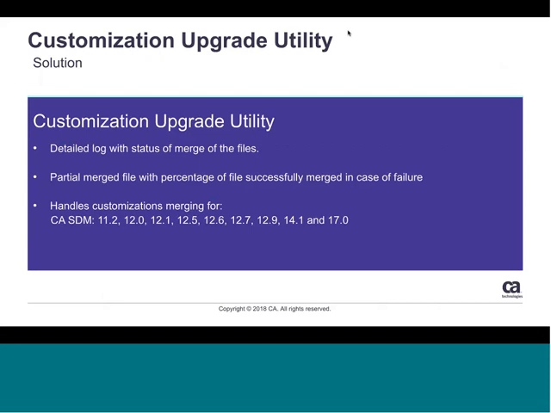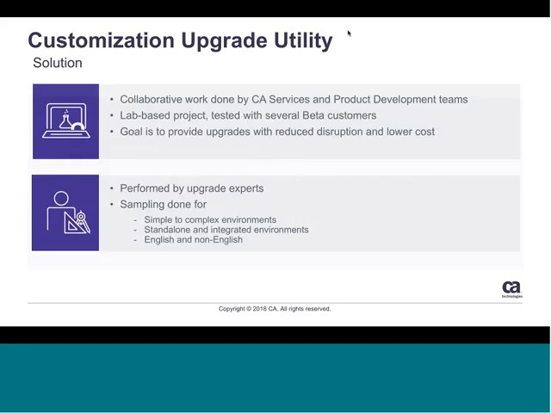On average, we found 83% of the customizations were automatically merged, which added up to a 56% reduction in the upgrade time. So our manual work drastically reduced, and the overall upgrade time went down by 56%.